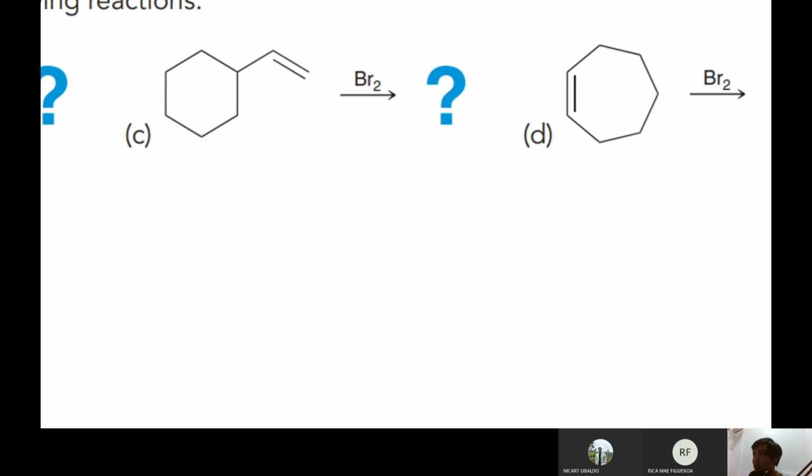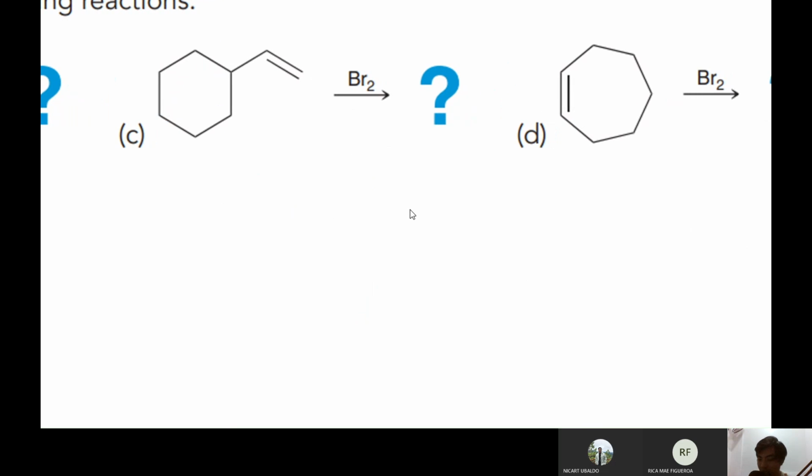Let's have letter C. Ganun lang din. Hindi ko na gagawin yung reaction, ha? Dito kakabit yung bromonium ion mo.